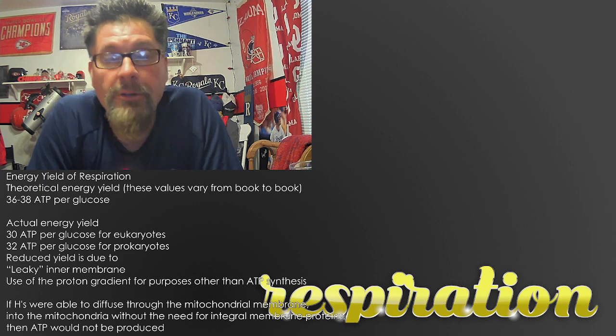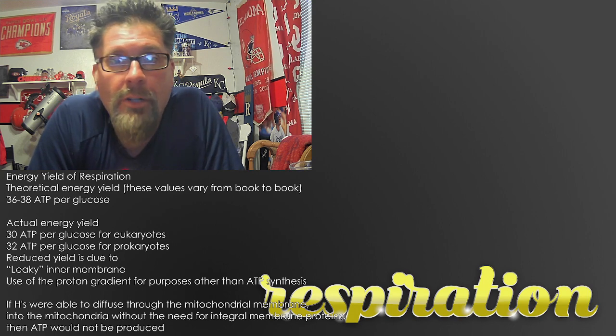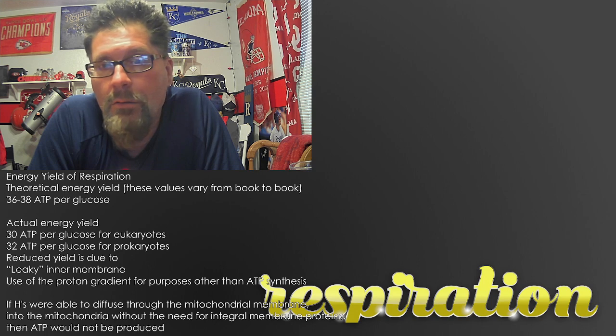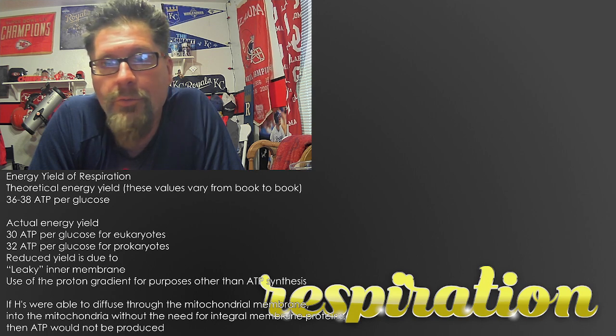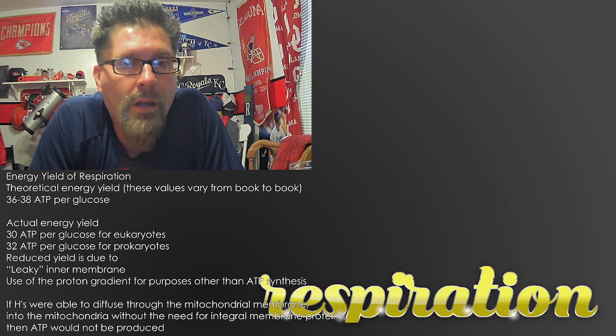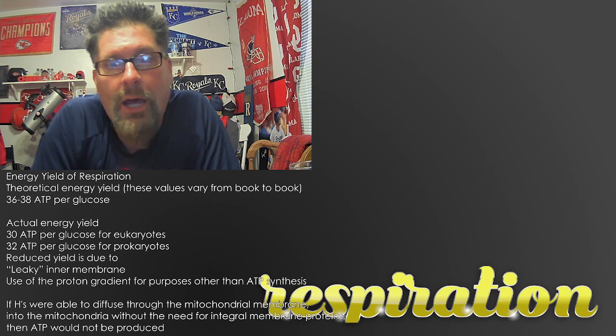And there's some good reasons for that. But you'll see anywhere from 36 to 38, actual energy yields 30 to 32 for eukaryotes and 32 to 34 for prokaryotes. But there's a reason for that.